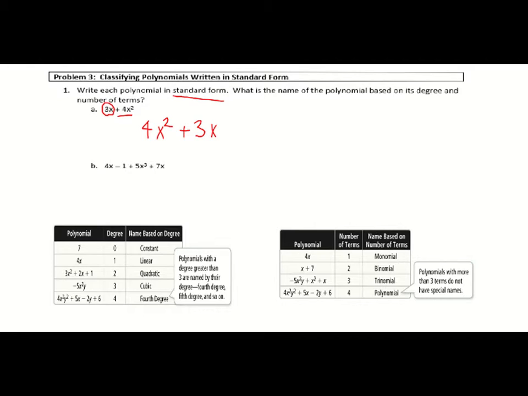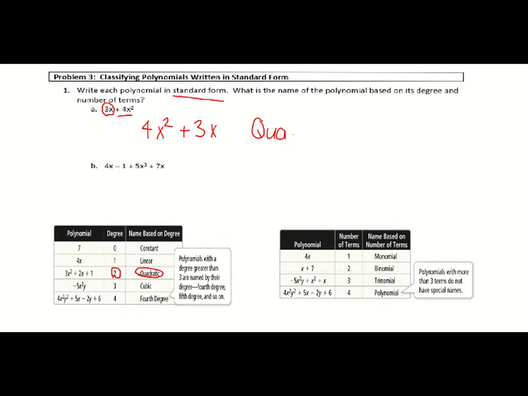Once I've put them in this order, then I can name it. First, I'm going to name it by its degree. My highest degree is a 2. That's my highest exponent. So if we look at our degrees, a 2 is named a quadratic. So this one, based on its degree, is a quadratic.